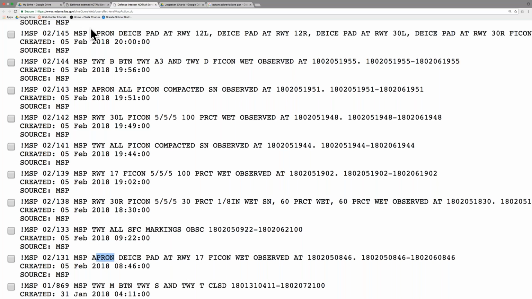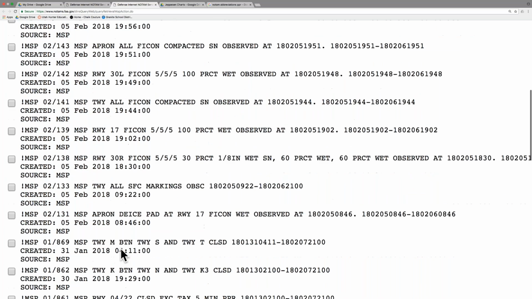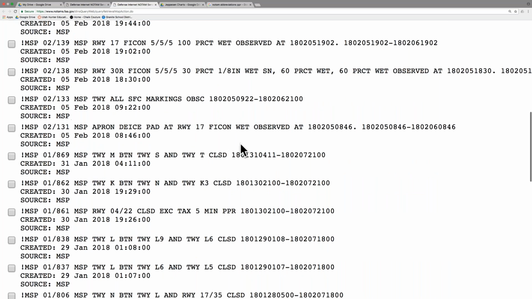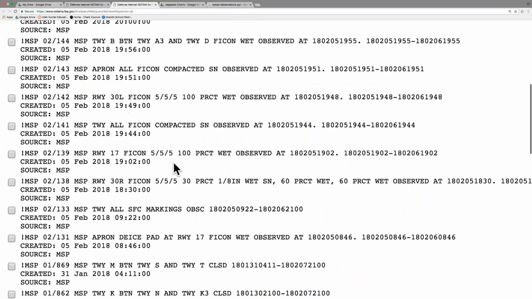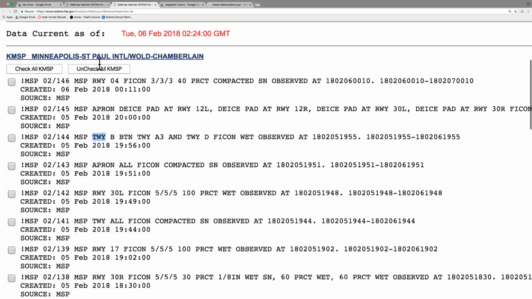So like I said before, you guys got to watch out for these keywords, because if we're reading the full thing, some of these NOTAMs can get pretty long-winded. So when we're doing our scan, we want to look for this word right here, and we can follow that all the way down.